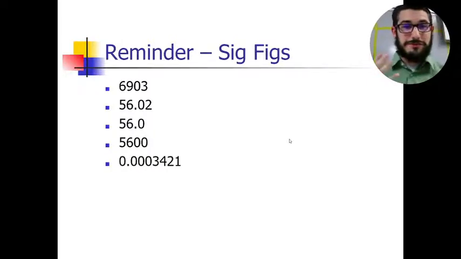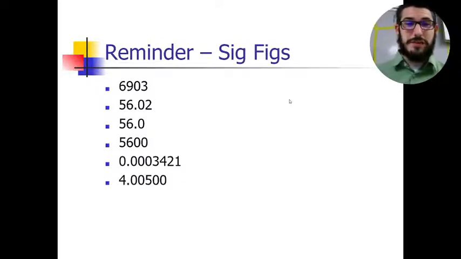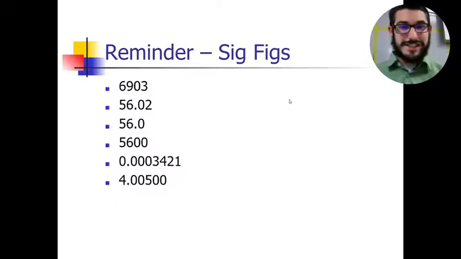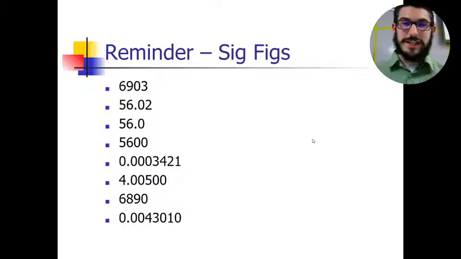This number will have 4 significant digits because that non-zero 3 is the first one that counts as a significant digit, and all of those zeros in front are leading zeros that aren't going to actually be significant. Then this number is 6 significant digits, 3 significant digits, and 5 significant digits.